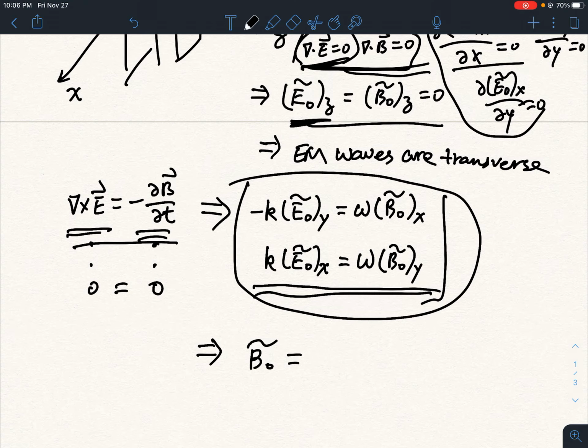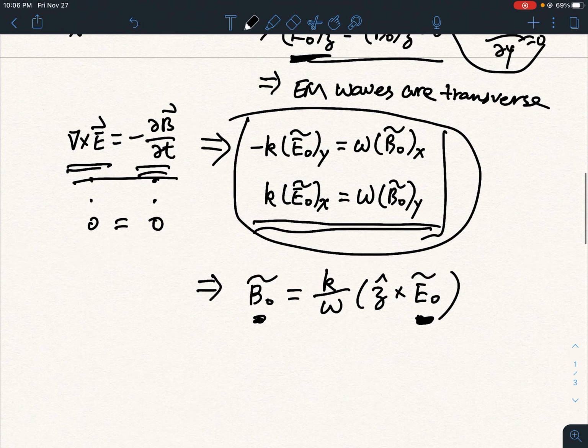So this becomes B equals K divided by omega times z cross E0. Because this is monochromatic and also a plane wave, B can be directly calculated from E. And you can also see that B and E are in phase.